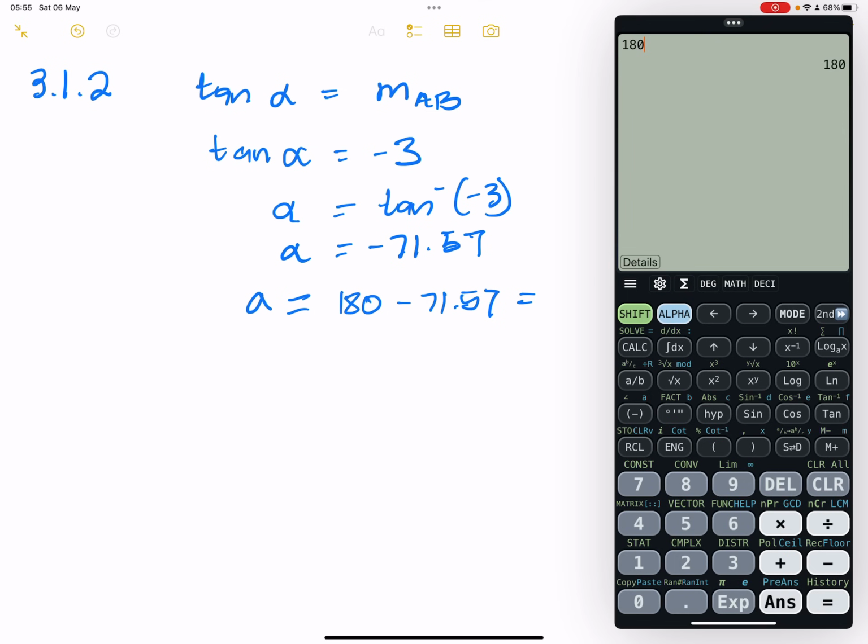So that's 180 minus 71.57, and that gives us 108.43. We keep that in mind.